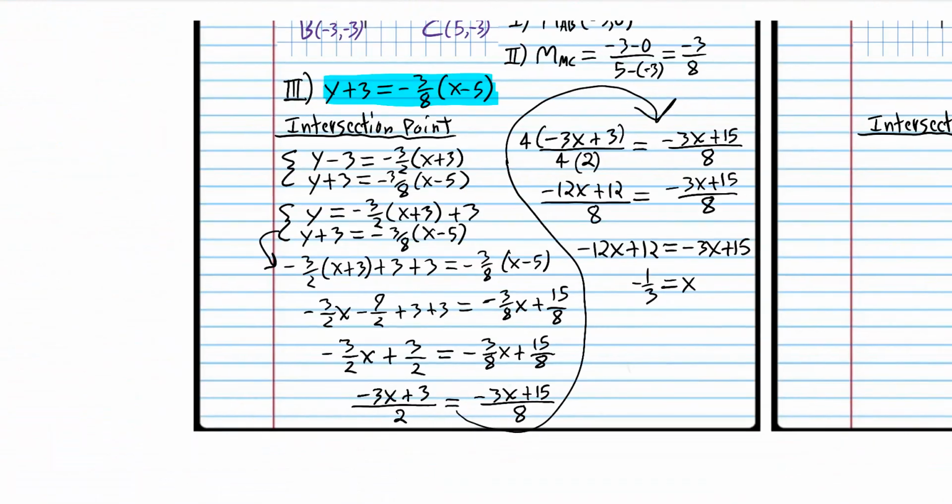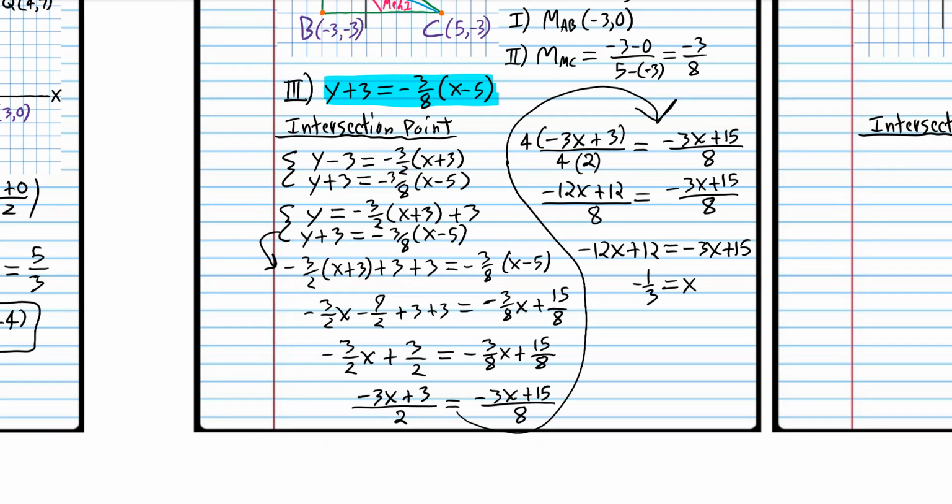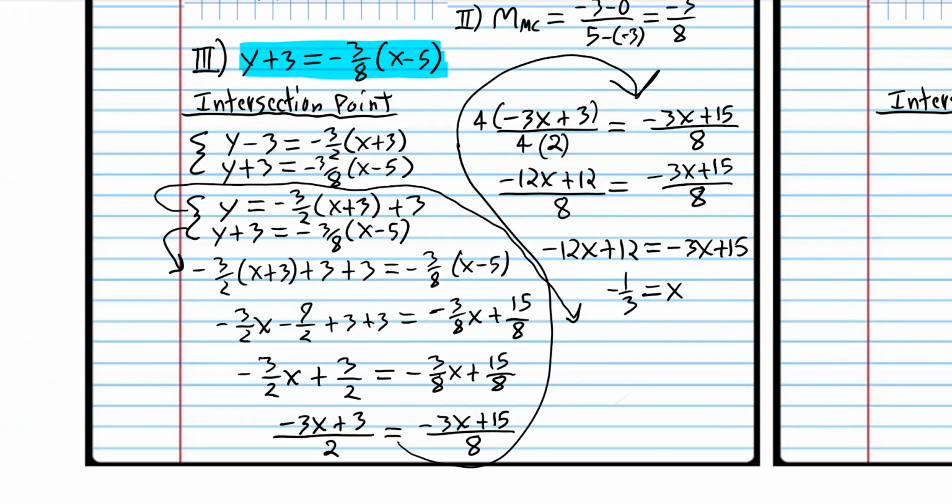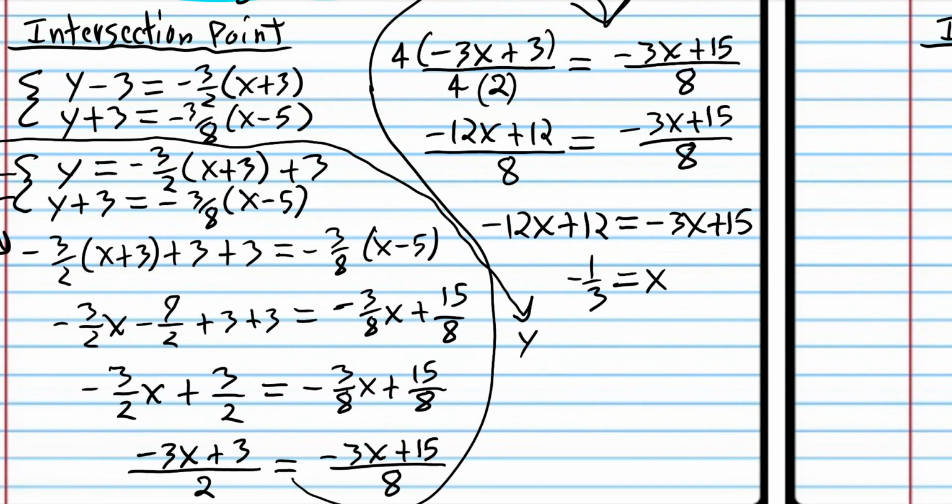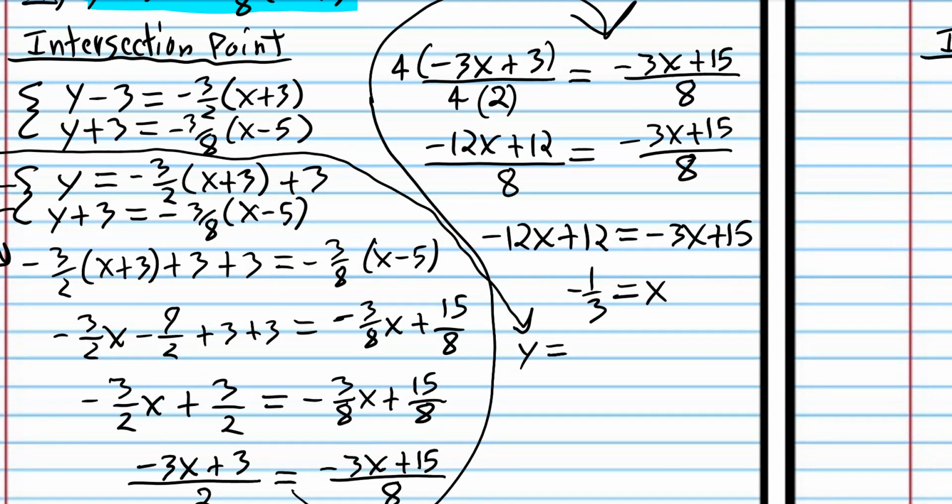So now we have to take the equation where y is solved for, and we have to use that equation to find y. So y is equal to negative 3/2, and we'll plug in the x value.